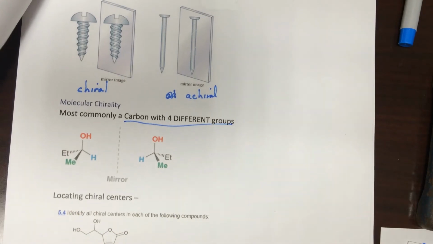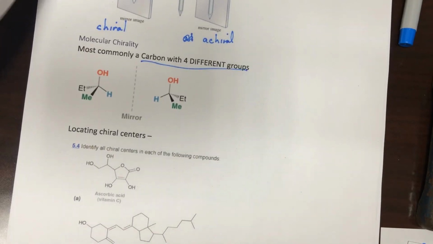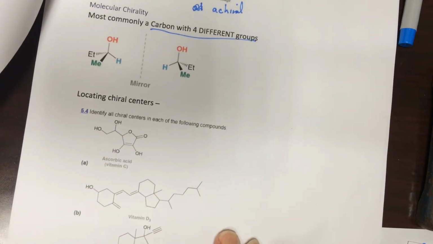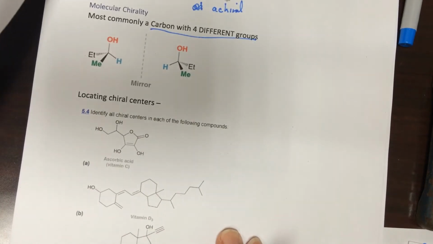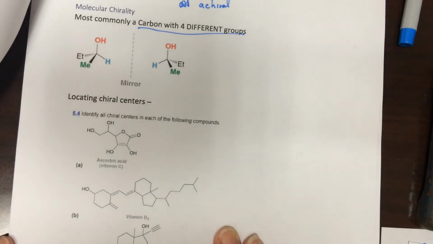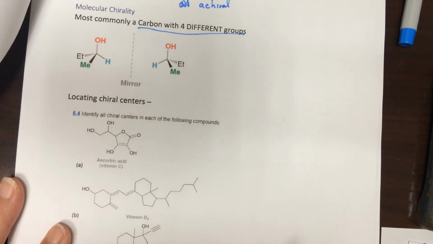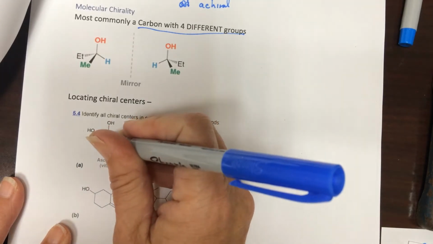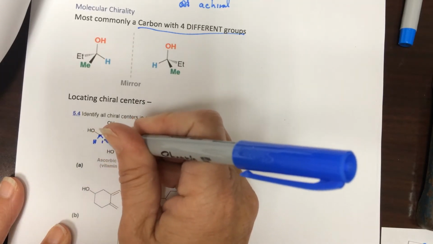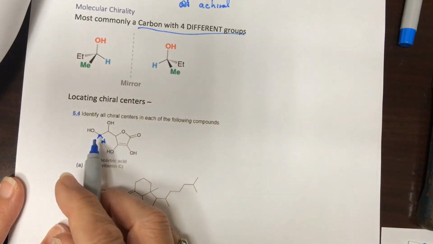So let's locate the chiral centers in these molecules below. What we're looking for here is carbons that are attached to 4 different things. So there are 2 hydrogens here, so that one's not going to be chiral.